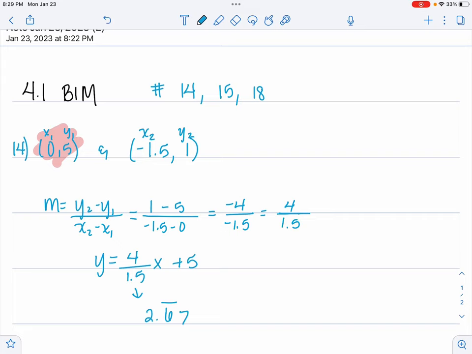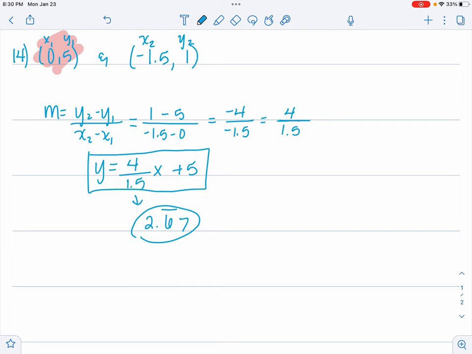If you put 2.67 in as your slope, then that's actually not this number. You can't round it. So really the answer they're probably looking for is this one, which again seems bizarre, but 4 over 1.5 is exact, and 2.67 or 2.7, that's rounding, and so it's not quite right.